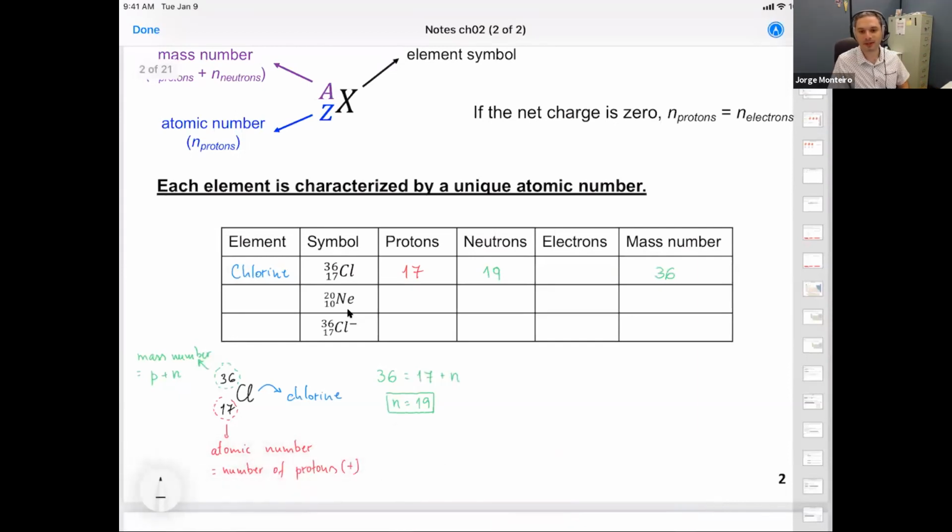Okay, finally, what's left here? Number of electrons. First thing is to figure out if you are talking about a neutral element or not. The charge for this element is always going to be here on the top right corner. So that's where the charge is going to be located. If there is no number there, that means we have a neutral charge.